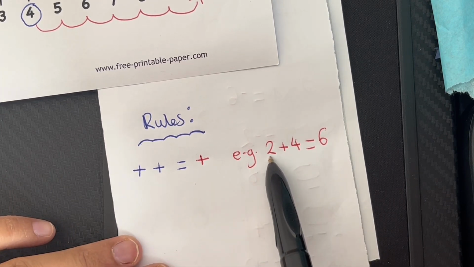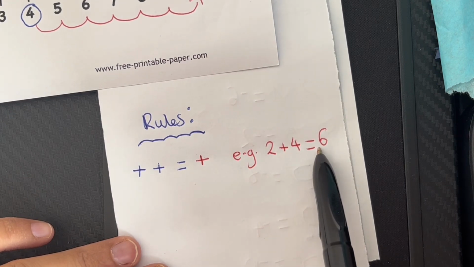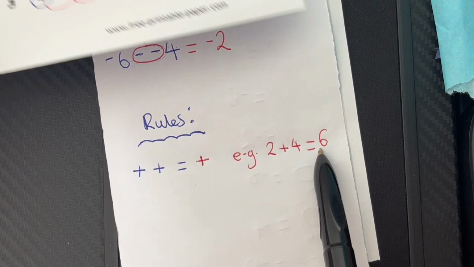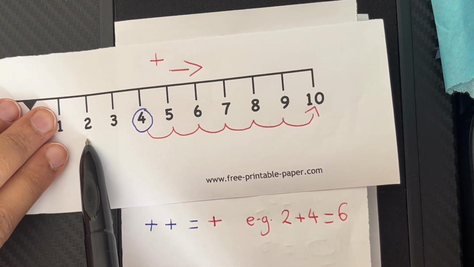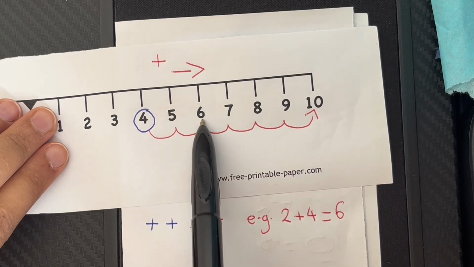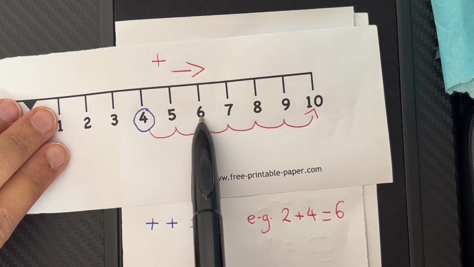For example, 2 add positive 4 will take me to 6. So I'm starting at my 2 and I'm adding a positive 4, so therefore I'm making 4 jumps towards the right side of my number line, which lands me on a 6.